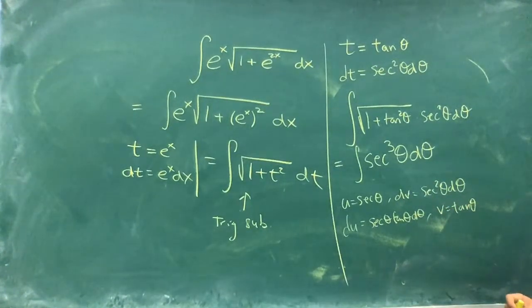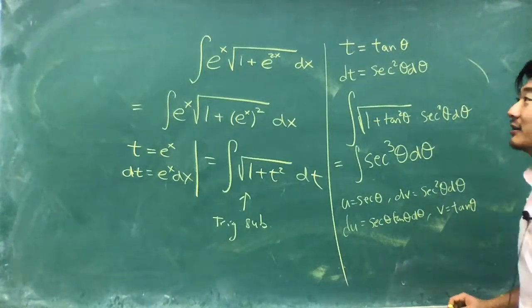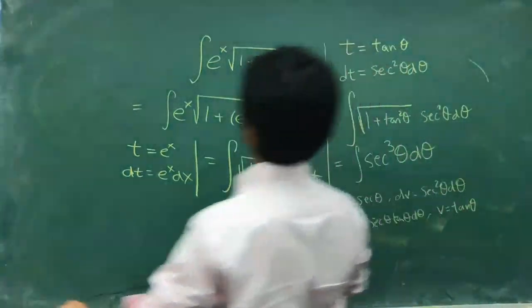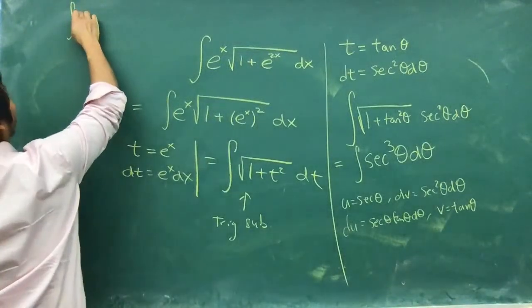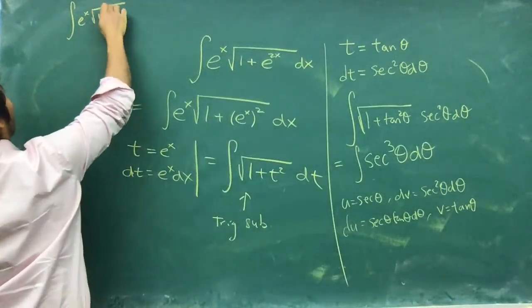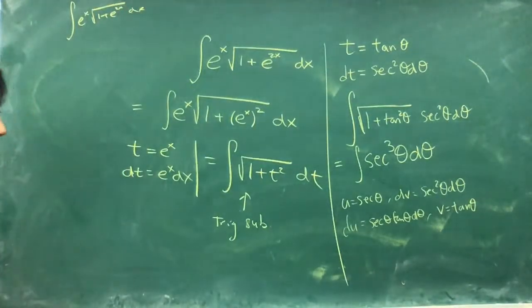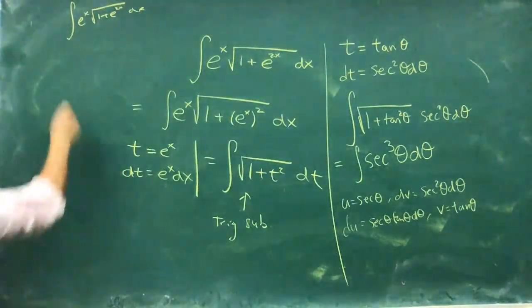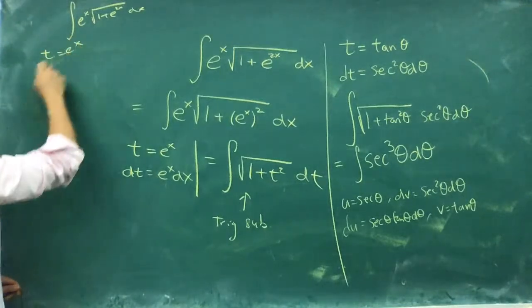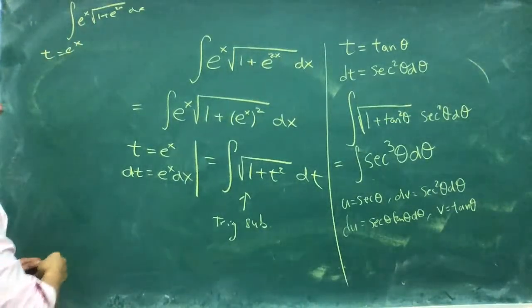And so we are running out of room, so let me just copy the problem and the relevant substitutions. So this was t equals e to the x. And that's all that really matters.